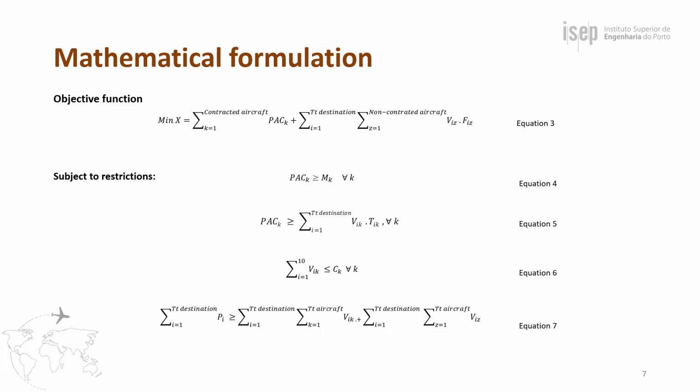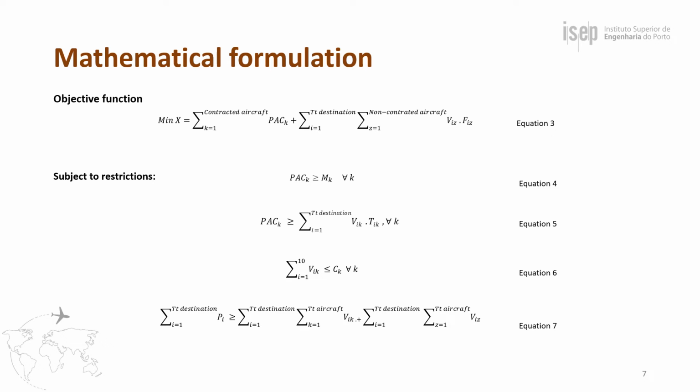The restrictions, the first and second, guarantee that the minimum price for the contracted aircraft will be paid, that is, the price to be paid for the contracted aircraft will be the maximum between the minimum price to be paid for the contracted aircraft and the price to be paid for the transported cargo.